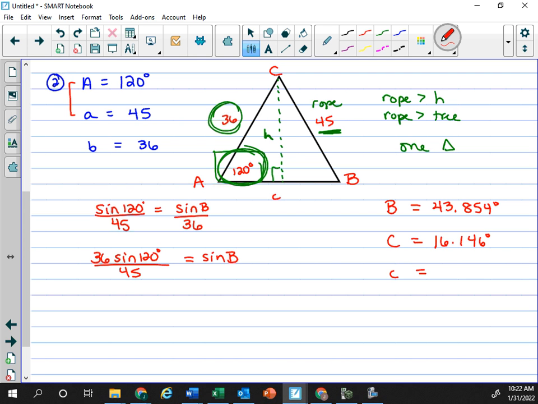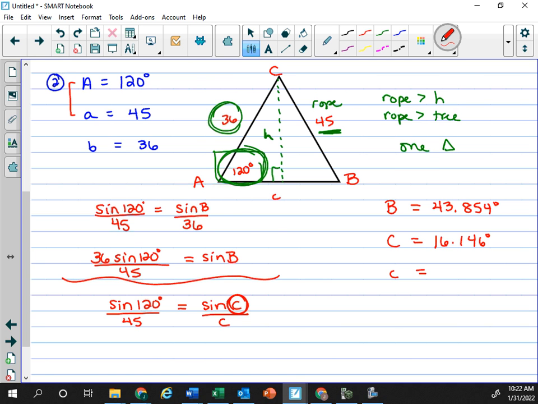So let's set up our equation to find side C. What do you think, guys? What should I set up? Sine of 120 over 45, right? I know that part for sure. Yeah, I'm going to put sine of C, and I'm going to circle it like, hey, I have a stored value for that, over little c. So little c is what we're actually solving for here.